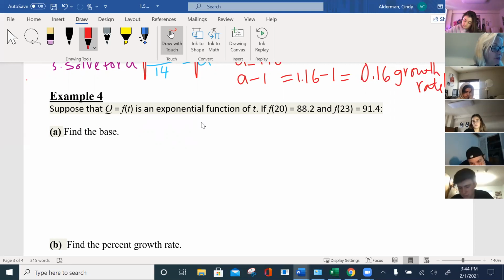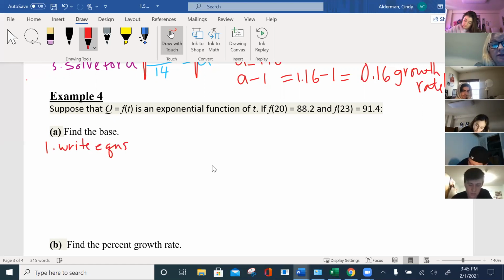They're telling you it is exponential, so yes, you can start with the equation. The first thing you're going to do is find the base, in order to answer this question. You can do it by first writing equations for both points.